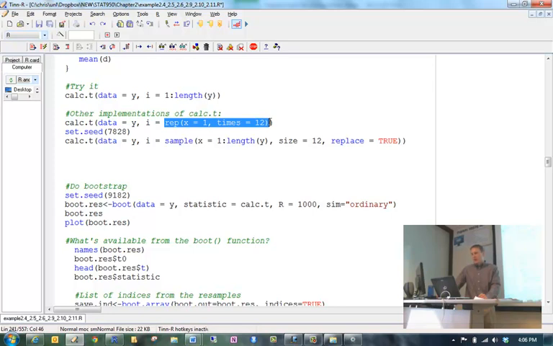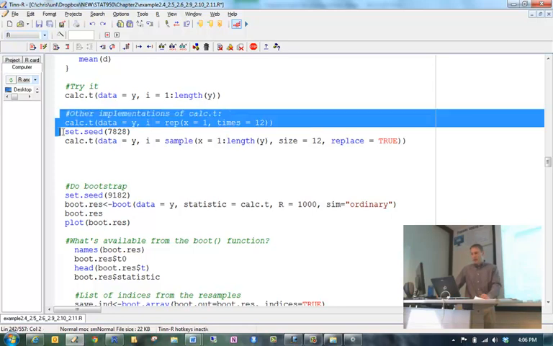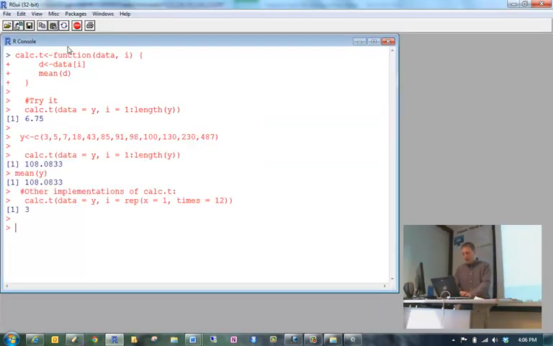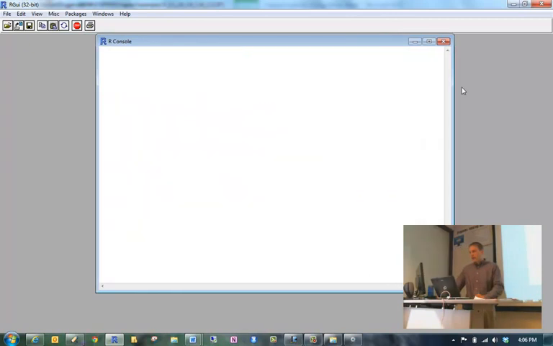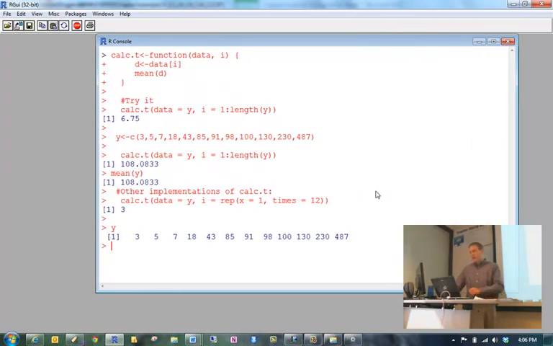So in other words, we might have a resample that had simply y1 in it 12 times. And as you would expect, you get that particular observation back. The observation y1 was 3, so we take the mean of 3, and of course you get 3.